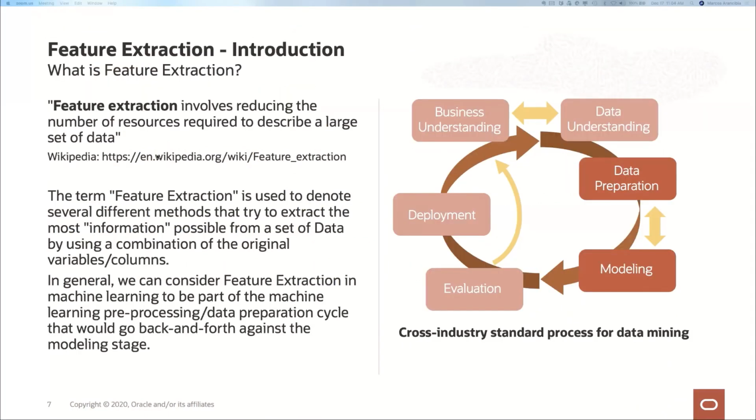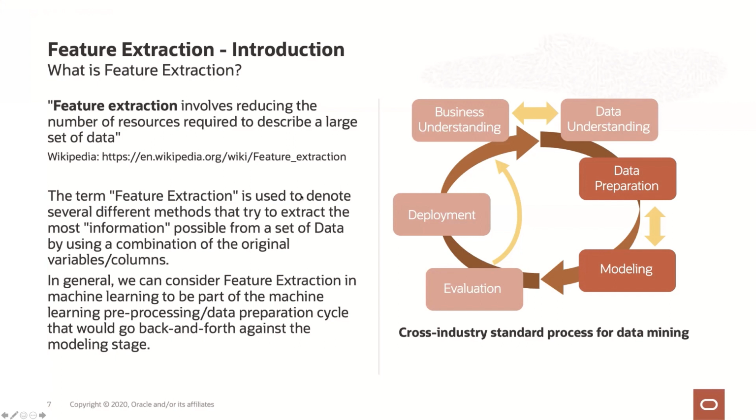Thank you very much, Mark. Hi, everyone. So today we'll be talking about feature extraction. Basically, feature extraction involves trying to reduce the number of resources required to describe a large set of data. On the right-hand side, you can see where in the cycle of building models and preparing the data the feature extraction is going to fit.